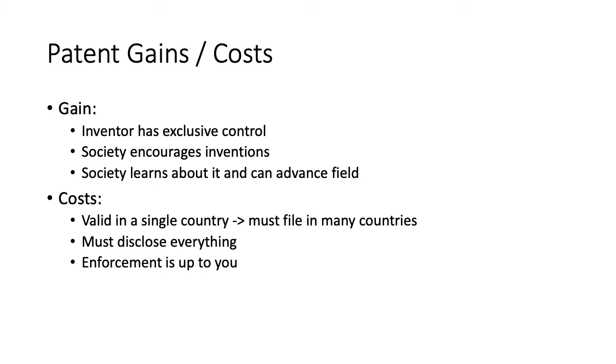Now, once it's approved, you need to pay maintenance fees. If you want protection in other countries, you have to pay to each country. And you may even have to pay for translation to the local language. And then if you have a patent and somebody infringes, well, there's the issue of enforcement. The patent gives you exclusivity. It gives you the right to enforce. The government does not do enforcement for you.